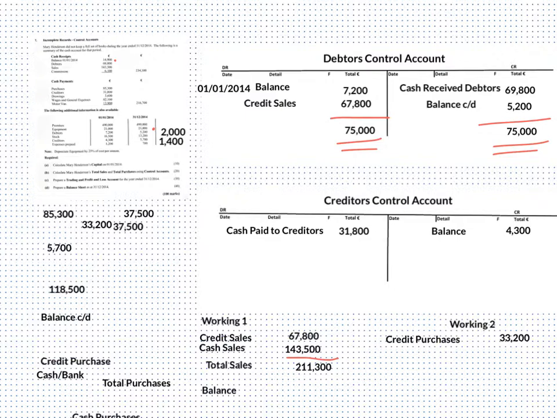We then need to find the cash purchases. The cash purchases can be found up here easily enough: cash purchases 85,300. So we just need to add that 85,300. If we add those two figures together, our total becomes 118,500.